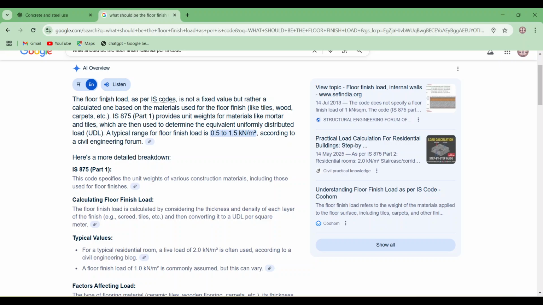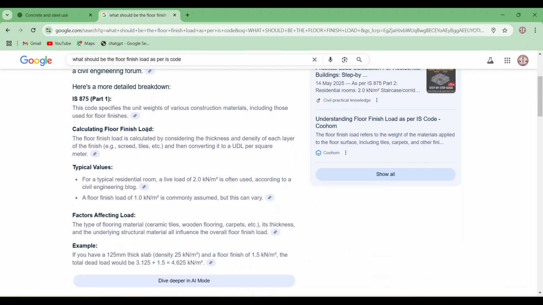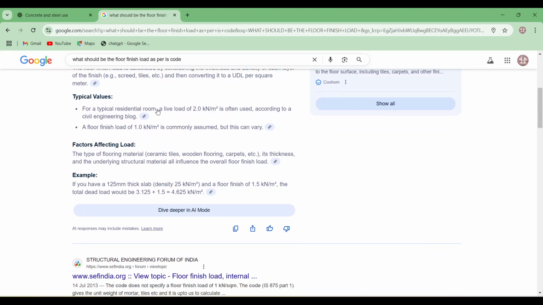here is the floor finish load as per IS code, that is given 0.5 to 1.5 kilonewton per meter square, according to IS 875 part 1. Okay, and here you see typical values for types. Typical residential room live load is given here. Here you see the floor finish load 1.1 kilonewton is normally assumed, but this can vary.